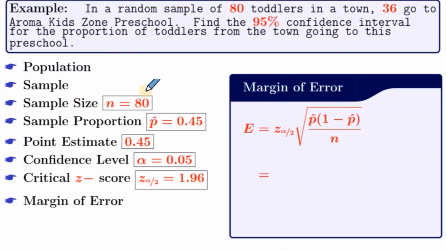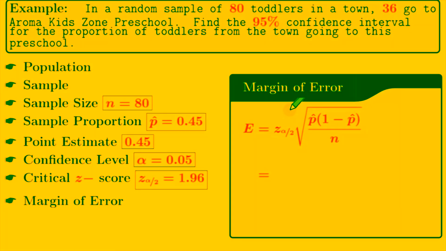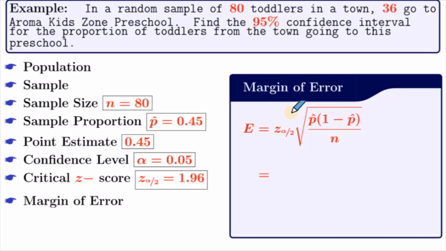Next, we find the margin of error, and this is the formula for margin of error. Now, let's plug in the values that we have for z alpha by 2 and p hat in this formula and calculate the margin of error. So here we have z alpha by 2 is 1.96 and p hat is 0.45, and we also need n, which is 80.